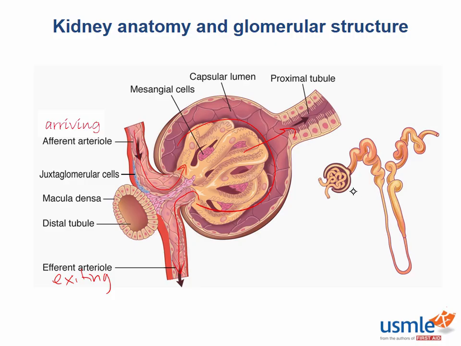The filtrate passes into Bowman's space, into the proximal convoluted tubule, down through the loop of Henle, back up into the distal convoluted tubule, and eventually all the way over to the collecting tubules. The collecting tubules will drain into the minor calyx at the tip of the renal pyramid, which is called the what? The renal papilla.